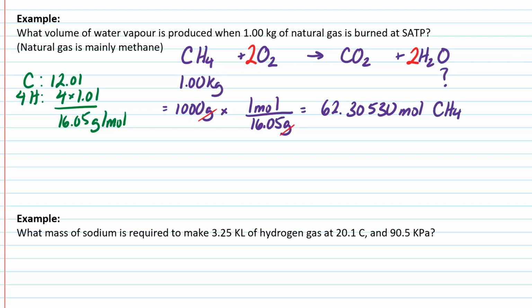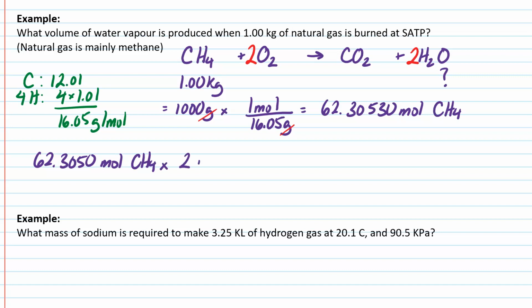So we know how many moles of methane we have. We want to figure out how many moles of water we produce, and after we figure out how many moles of water, we can figure out what volume that takes up. Okay, so we have our methane here, 62.3050 moles of it. And let's use our molar ratios.